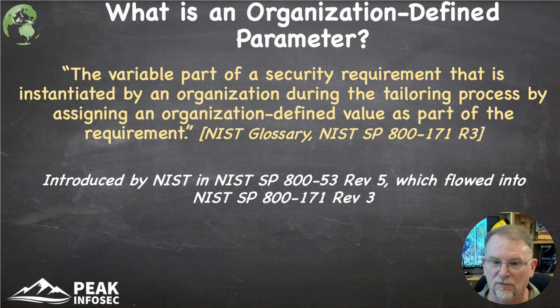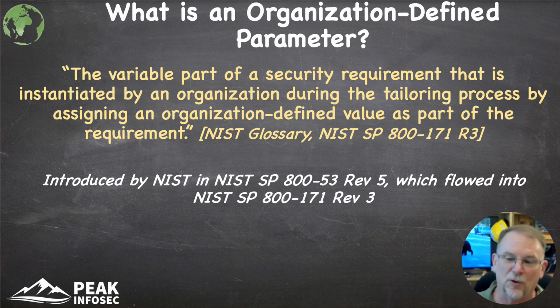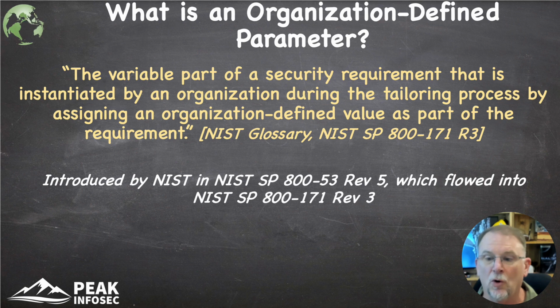So when we get to 800-53 Rev 6, there'll be 800-171 Rev 4. That's the process, the way we're going. So they inserted that variable part in 800-53, which is good. They made changes that make sense as a part of this, and it helps to clarify things for everybody so we all know what we're looking at and what we're really doing in the context of this.